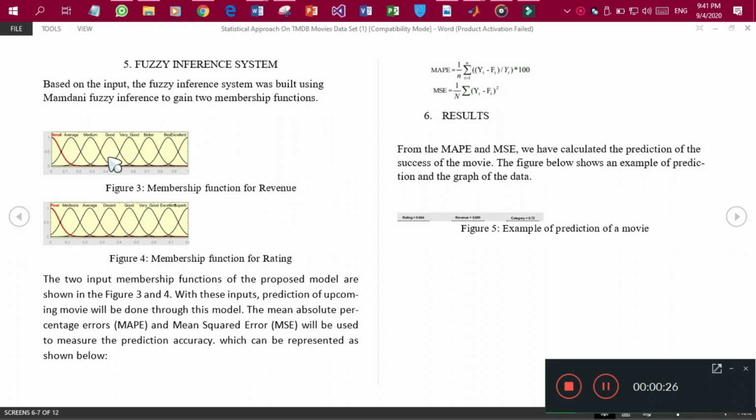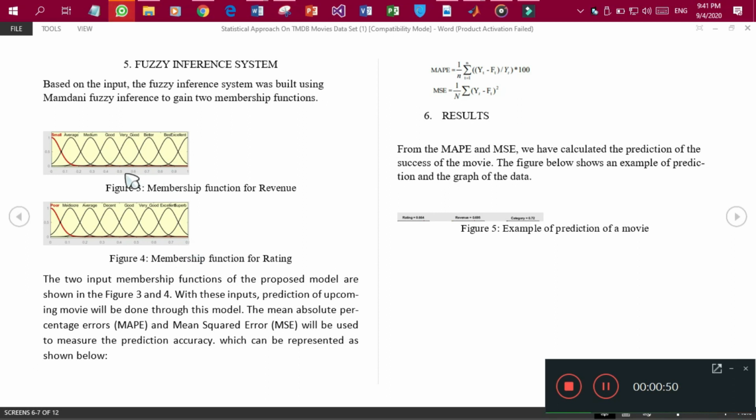As for revenue, we gained this data from the movie dataset from the Kaggle website, and here is the end result for revenue, and this is the end result for rating.